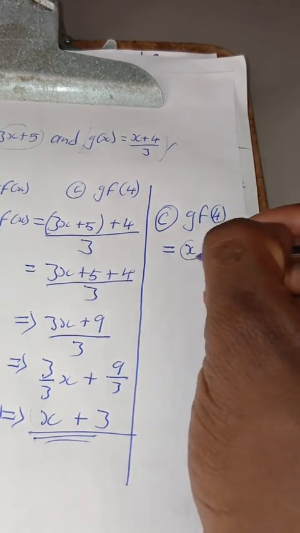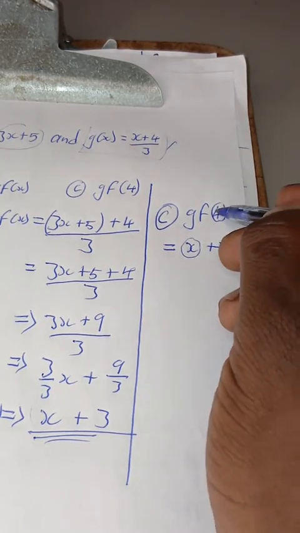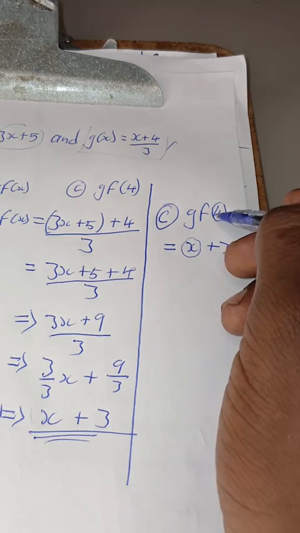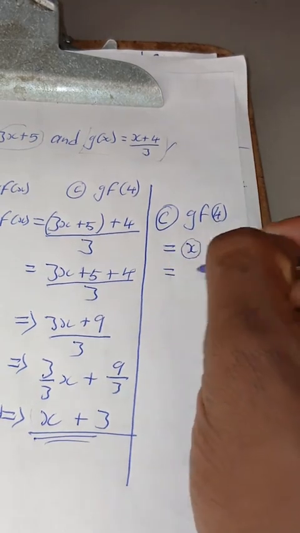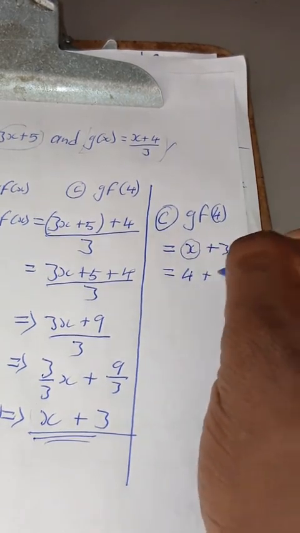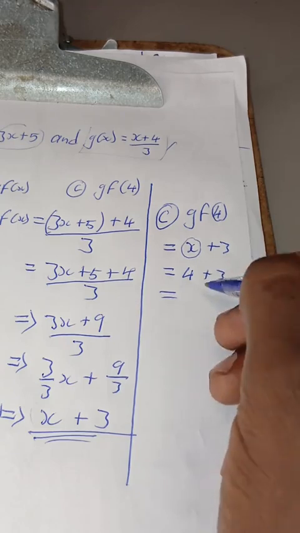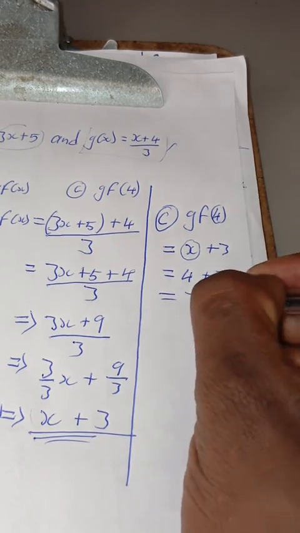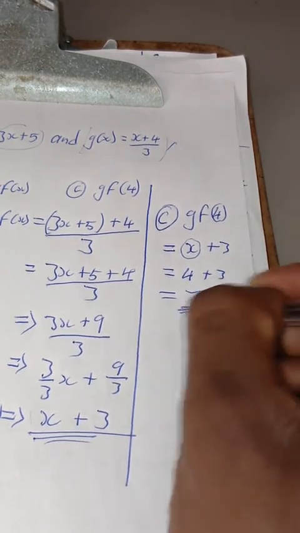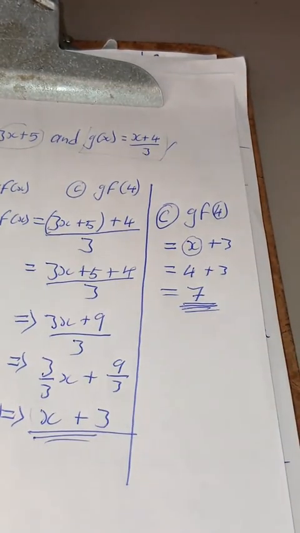So here, just put 4, because what is indicated is 4 and not x. So we're going to say 4 plus 3. This gives us the sum of what? This is 7. And this becomes our final answer.